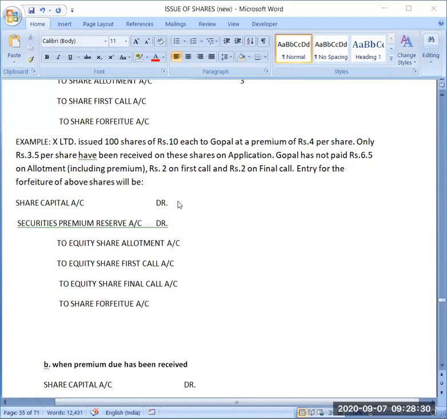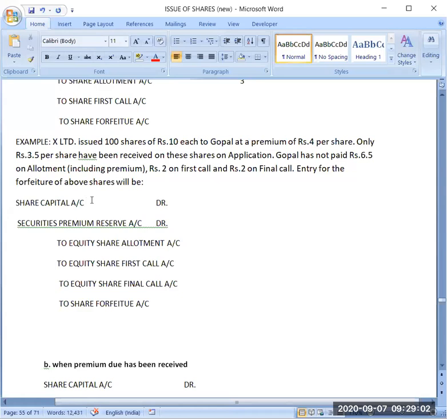Okay. Now we will do the amount section. First thing, what is the rule for share capital? The rule for share capital is called up.